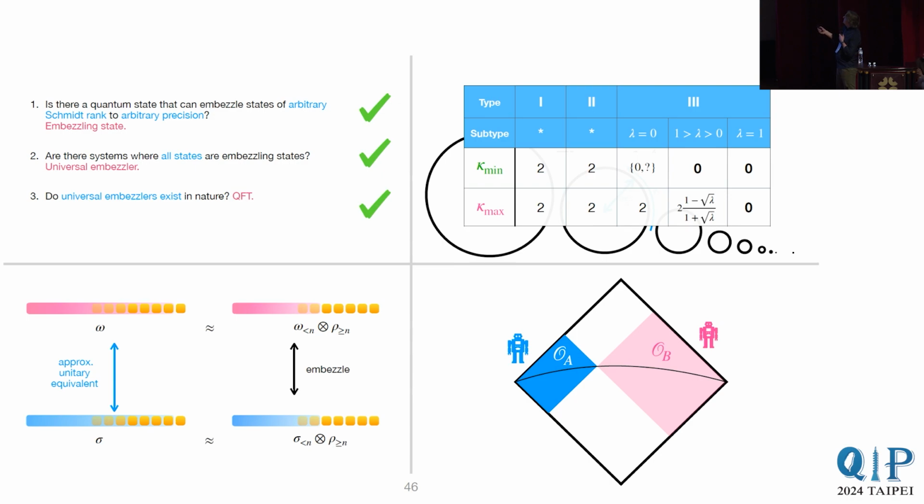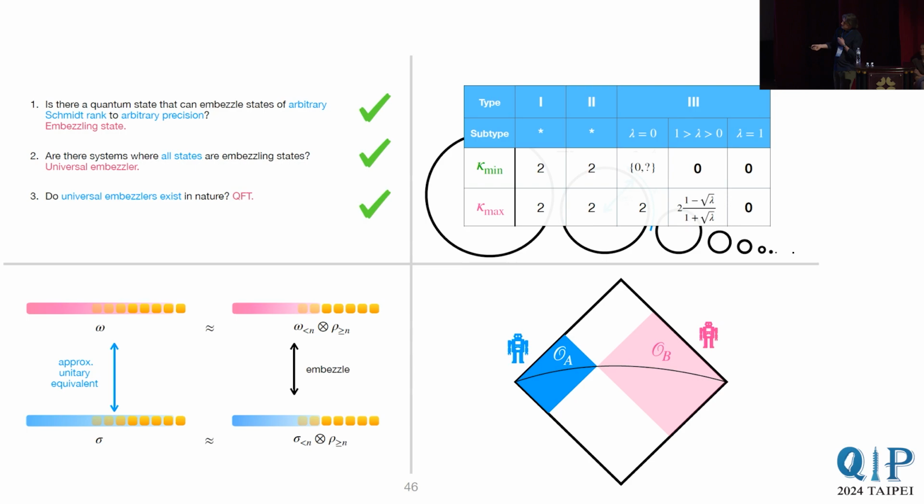So we know at the moment that within the type III case we can distinguish the different subtypes by embezzling, but if we could clarify also this case, which I will comment on in a second, then we could even distinguish using embezzlement the semi-finite case from the type III case.